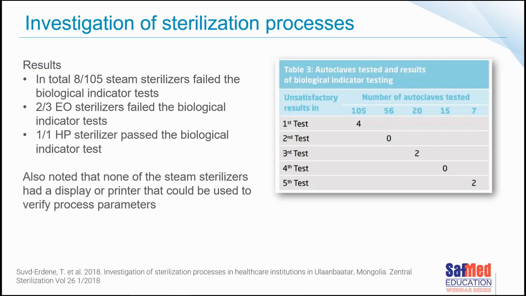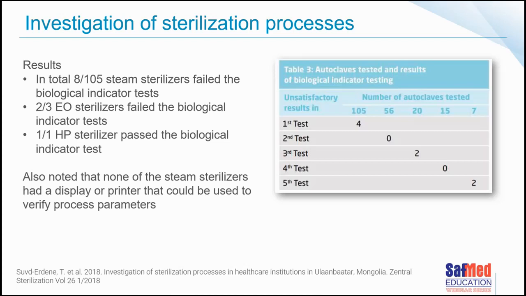So what were the results? In total, 8 of the 105 steam sterilizers failed the biological indicator tests. 2 out of 3 of the ethylene oxide sterilizers failed the biological indicator test, and the 1 hydrogen peroxide sterilizer passed the biological indicator test. I guess that would have been a relief.